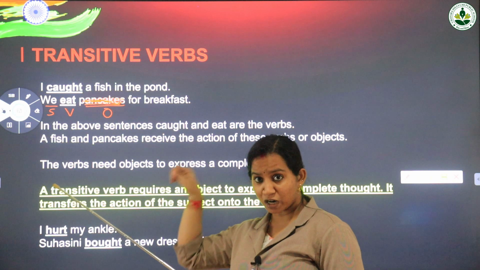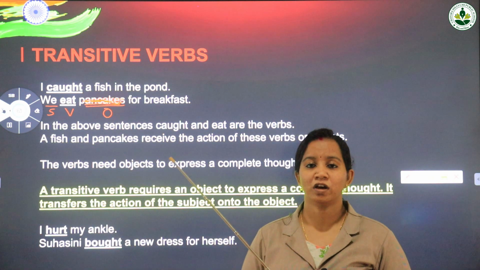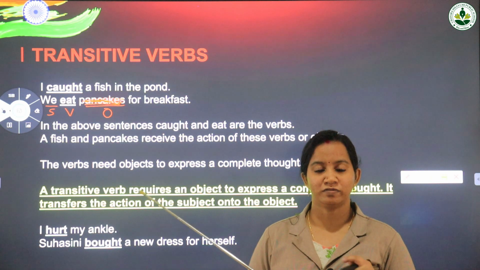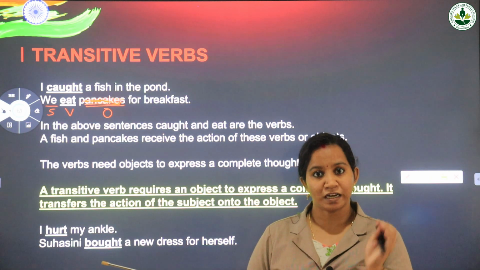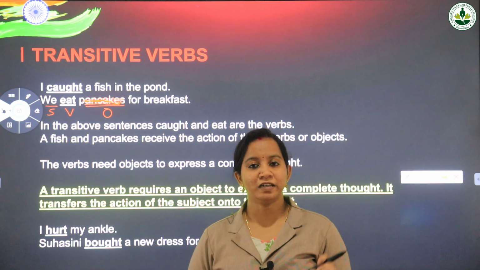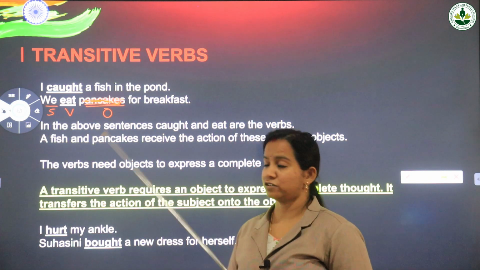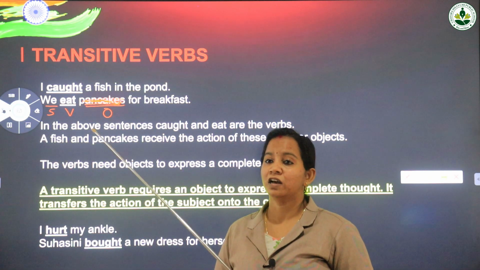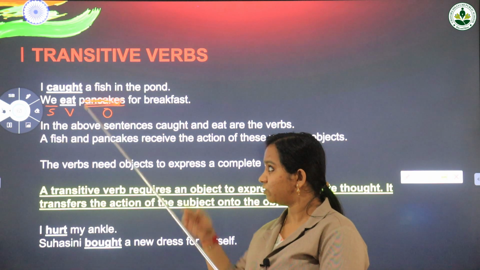So the verbs that require object to complete the meaning of the sentence, that means transitive verbs are the verbs that require the help of the object to complete the meaning in a sentence. If the transitive verb does not have an object in a sentence, the verb will not have complete meaning. We eat what?